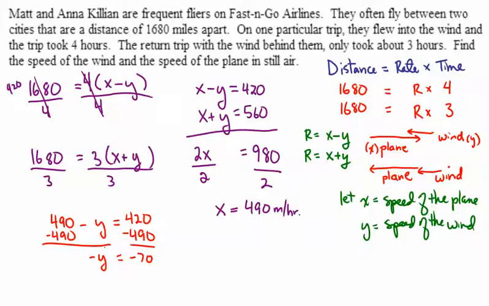Dividing both sides or multiplying both sides by negative 1, we'll get y is equal to 70. And even that is a pretty rough wind there.